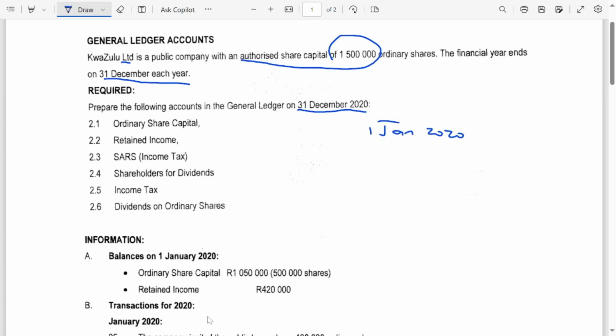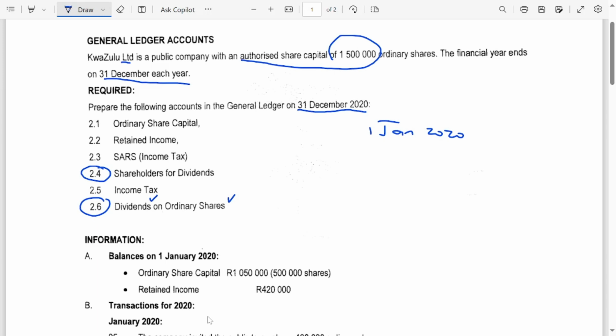So today we're just going to focus on these two: shareholders for dividend and also dividends on ordinary shares. But before we go there, the dividends on ordinary shares. So the dividends, this is the profit that is being paid to the shareholders in a form of dividends.